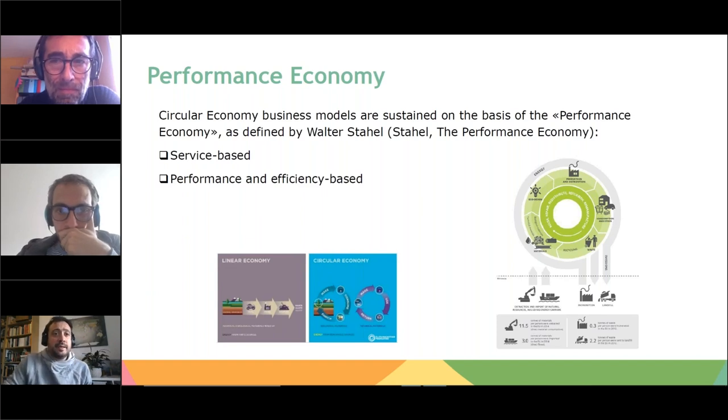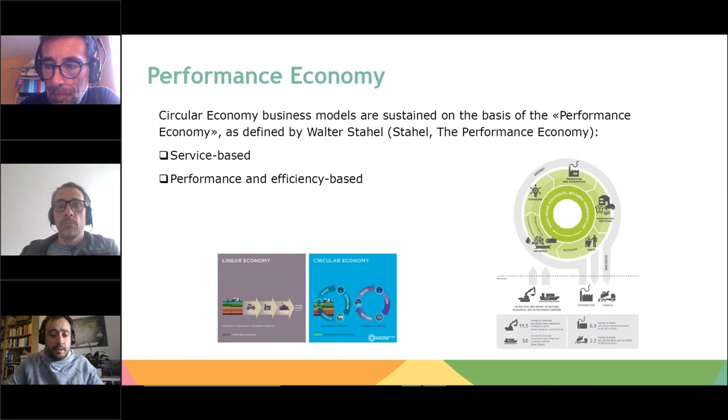So this performance economy basically says, hey, instead of just making a commercial arrangement in which the supplier is selling the product for a certain amount, why don't we offer the end user or the customer the service associated with this product?